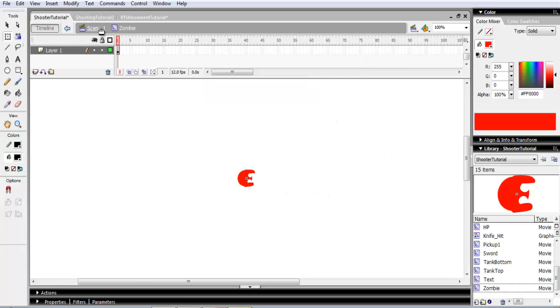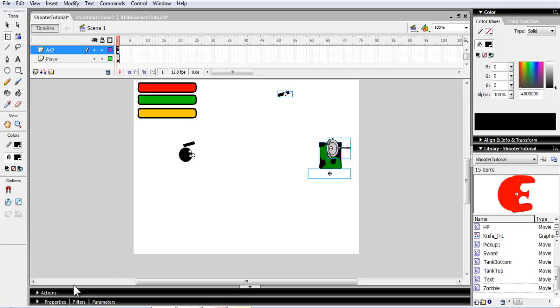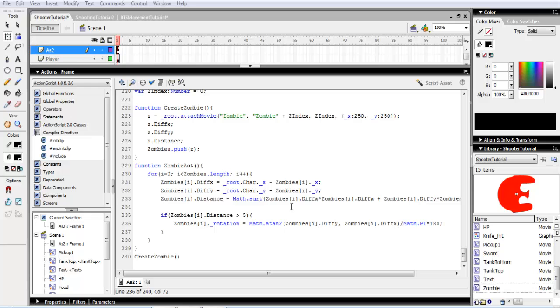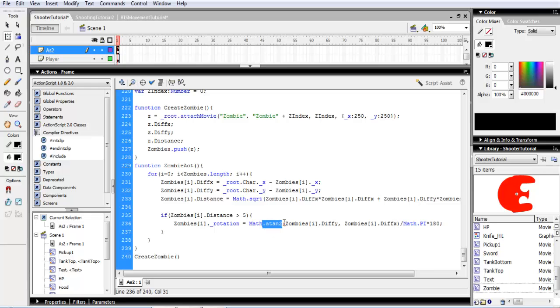Right, I'm really not sure how this works, the underscore rotation bit, but this is how I worked it out myself. What Atan does, I tried to look it up, but I just couldn't find anything on it.